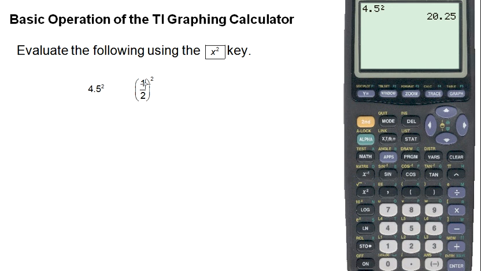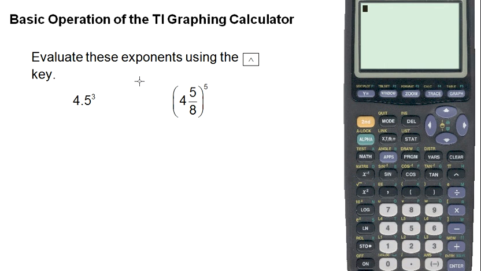To evaluate the square of 1/2, we definitely need the parentheses around 1/2. Put open parentheses, 1 divided by 2, close parentheses, hit the square key, and then if you want the fraction answer, you're going to have to specify with hitting the math key and then 1 and hit enter, and you get 1/4.